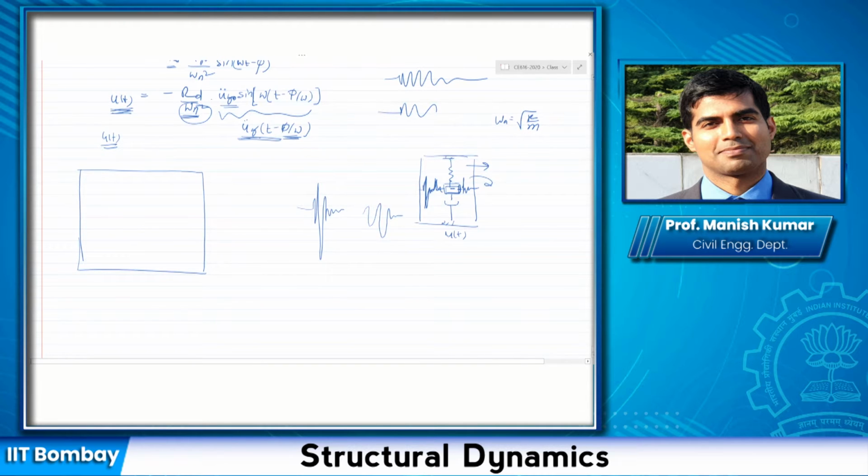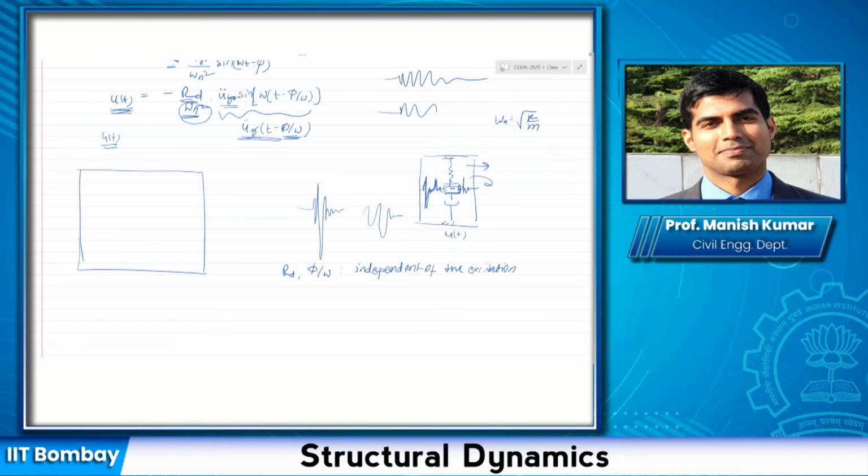So all I want to do is make R_d and phi by omega independent of the excitation frequency. Because I want to measure the acceleration, I do not want it to depend on the frequency, because if it depends on the frequency, every time there is a different frequency I will get a different acceleration, which is not correct.